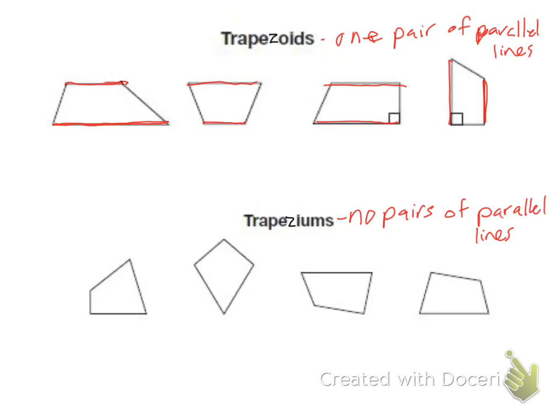There we go. You can see with all of these lines, they all will run into each other. If I extend the lines, like these ones already are running into each other, but even these other ones, if I continue the lines, they'll eventually run into each other. So trapeziums have no pairs of parallel lines.